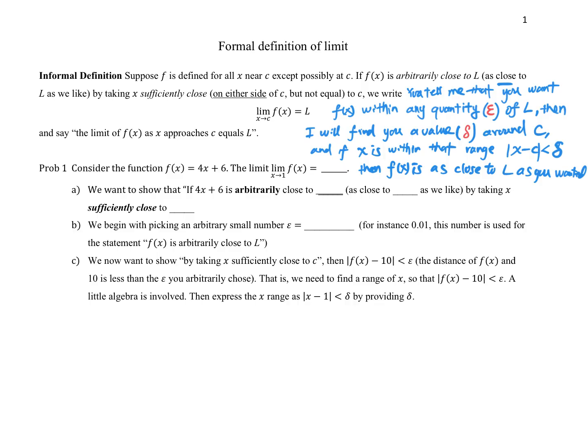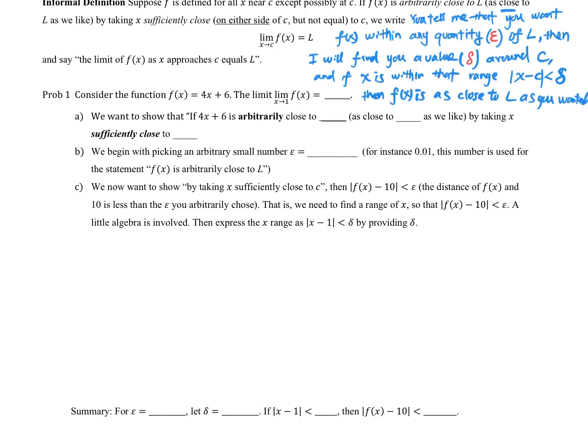Okay. So now let's use one simple example to show you how this actually works. Consider this function. It's a linear function, and the limit as x approaches 1 of f of x, you can build a table or make a graph and see that it's actually 10.